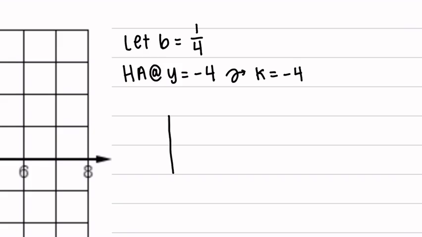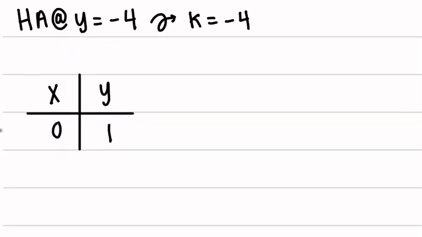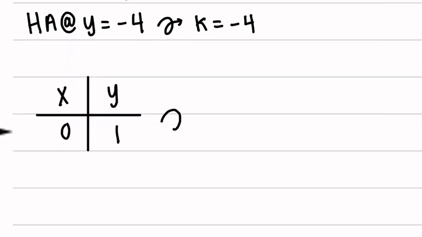I also know that the point 0, 1 transformed is now the point closest to the horizontal asymptote, which is 1, -2. You will always be given that point, so don't think, oh, I don't know if it's that point. For the purposes of this class, that's the point you'll be given. 0, 1 transformed.